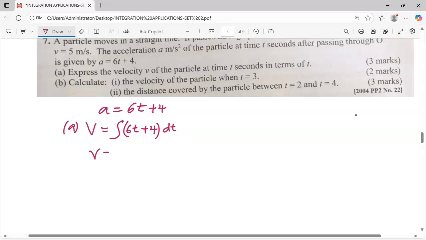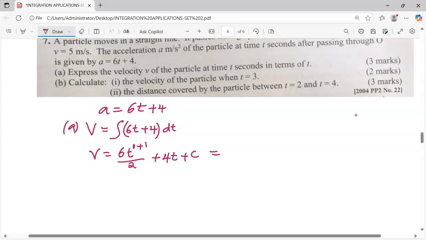Therefore the velocity is going to be 6t raised to power 1, we add 1, then we divide by the total new power, which is 2, plus 4, we introduce a t when integrating, then we add a constant of integration.